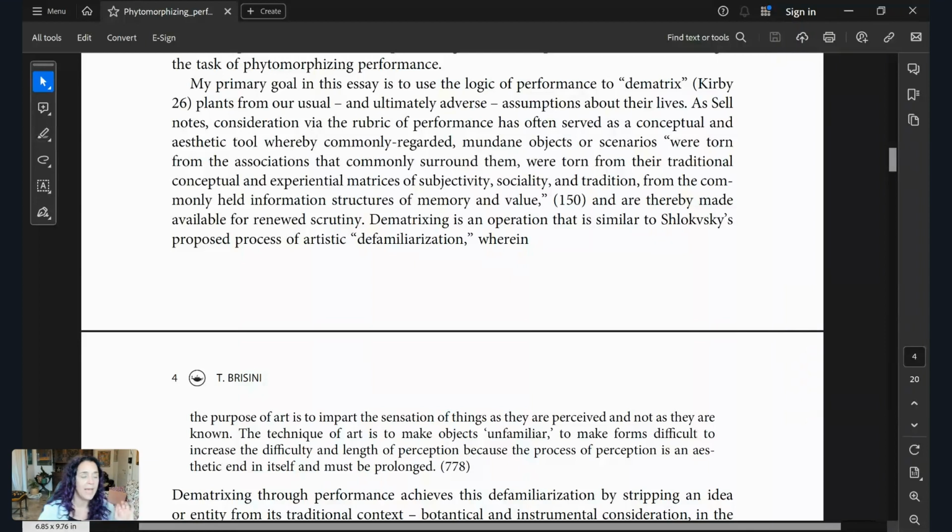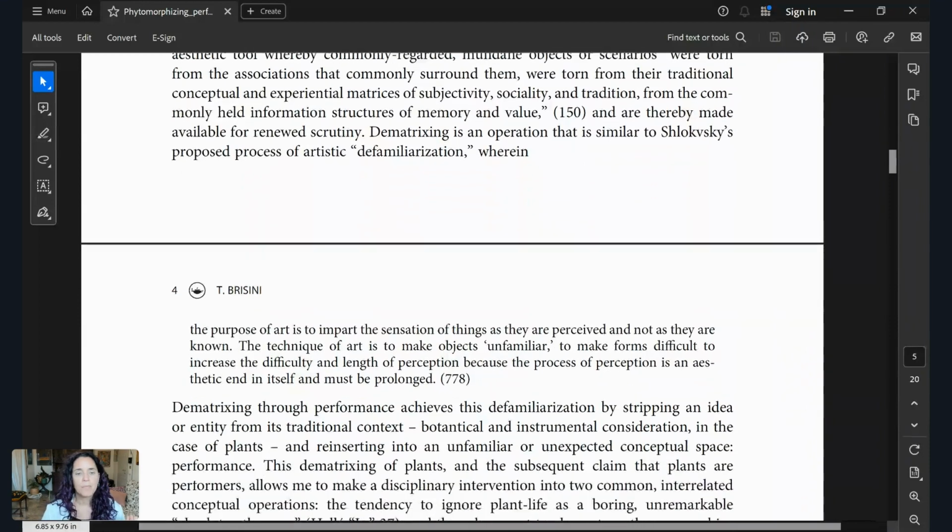This is the reason why we have the book club, the Sprouts Writing and Creativity group, and all the artistic activities that we have in NCC. This is why, for exactly that whole sentence. And thereby made available for renewed scrutiny.